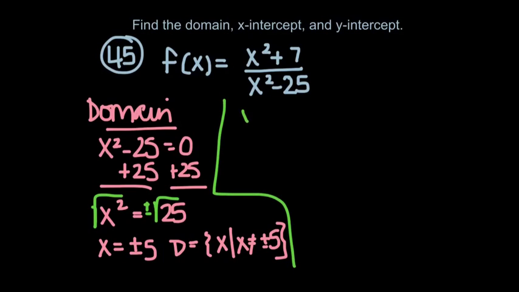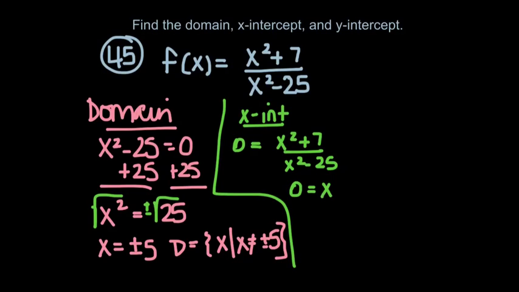For the x-intercept, we'll plug 0 in for f of x equals x squared plus 7 over x squared minus 25. The fraction clears and I am left with 0 equals x squared plus 7. Subtract the 7 from both sides and I'm left with negative 7 equals x squared.